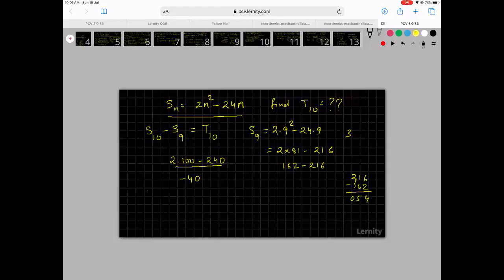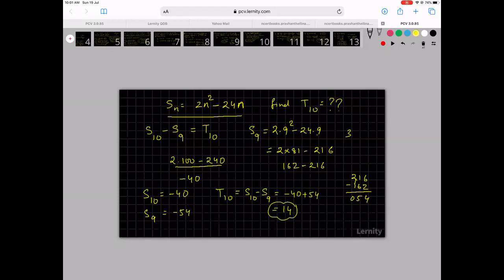So S10 is equal to minus 40, then S9 is equal to minus 54. So T10 is equal to S10 minus S9, that is minus 40 plus 54. That will give me 14.